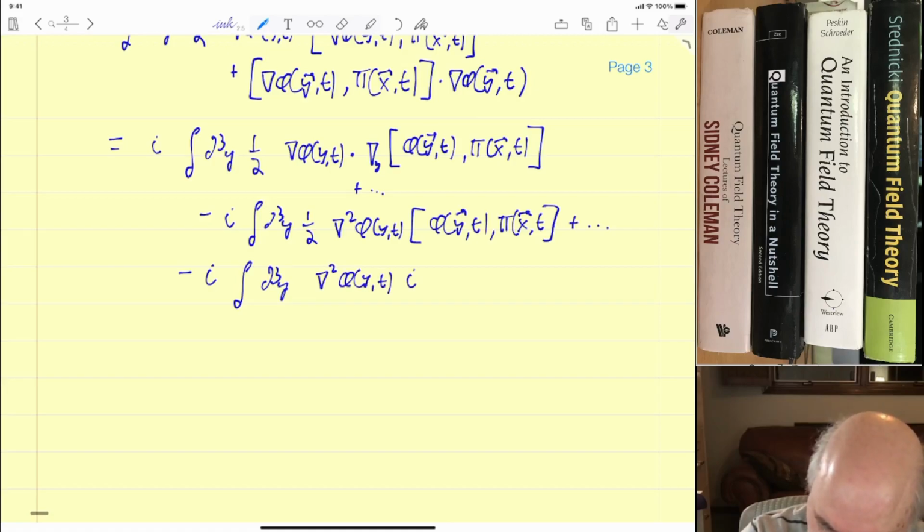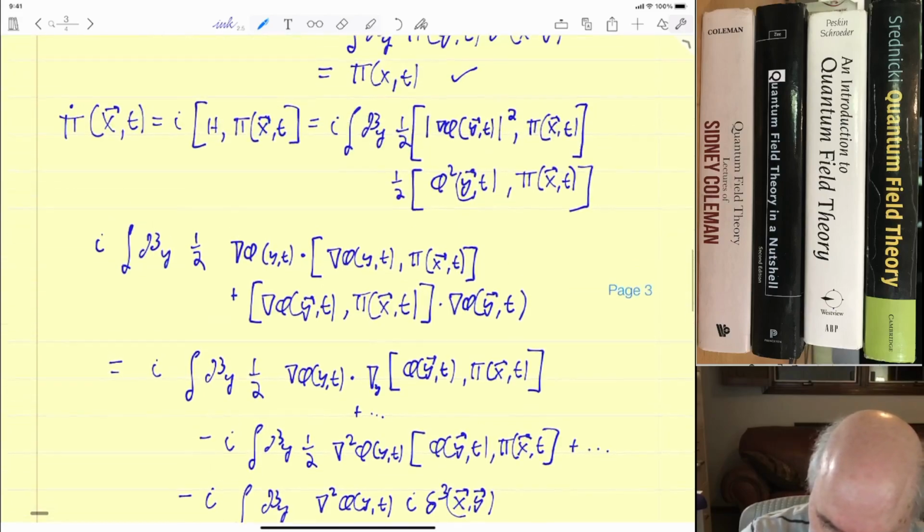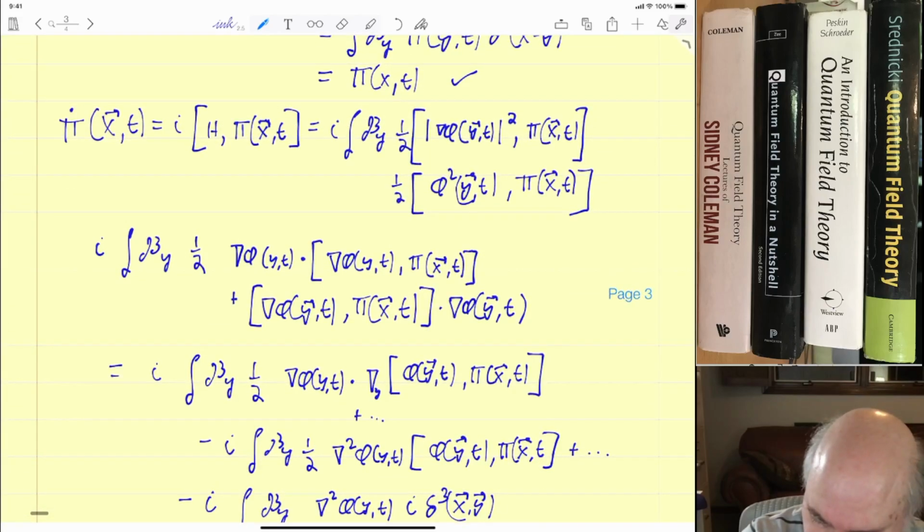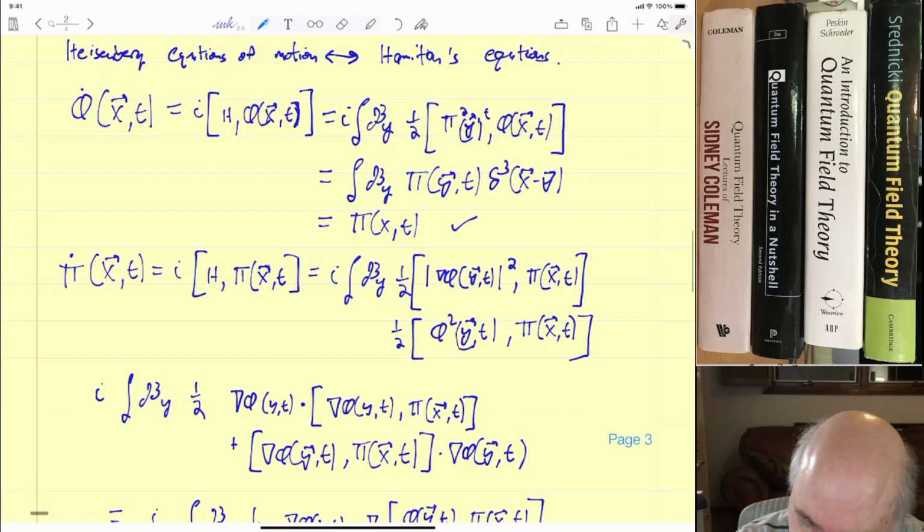Now I get i del³(x minus y). And the integral is, the i's cancel, the integral is trivial to compute, so we just get del squared phi of x comma t. Then we have to add the term that I didn't bother to evaluate here. I left the m squared out of there.